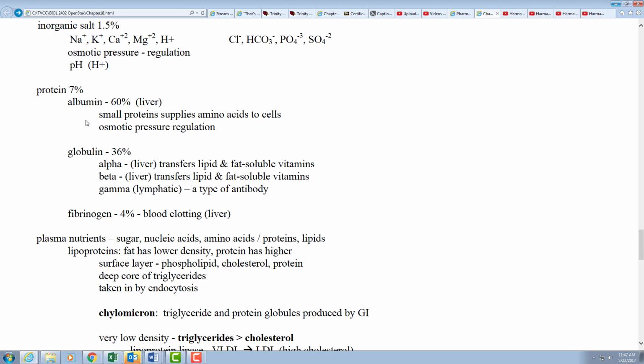There are three major blood proteins that we'll talk about. Protein makes up 7%. The big one is albumin, like egg white, which is 60% of that blood protein, made by the liver in small little packages with a nice assemblage of amino acids.